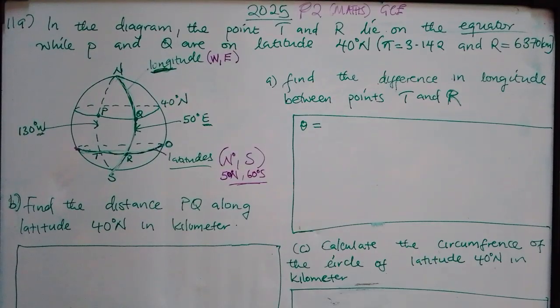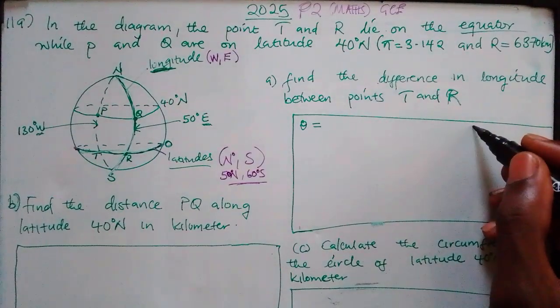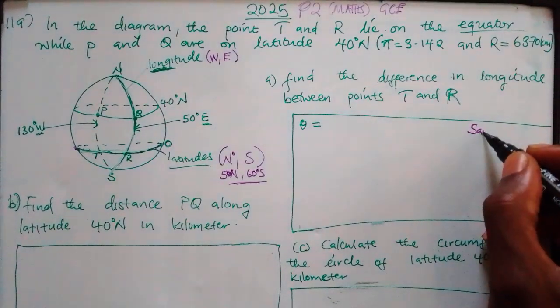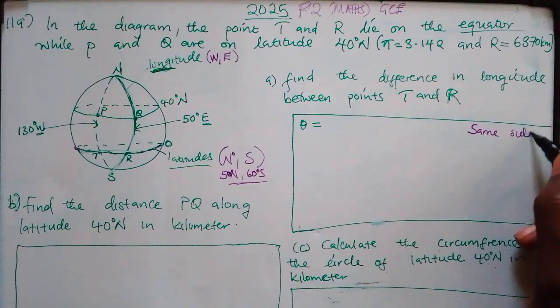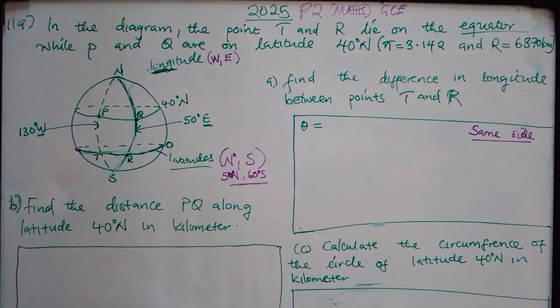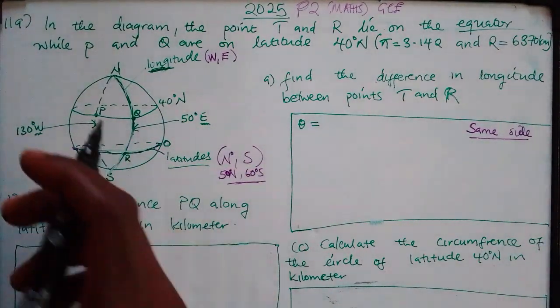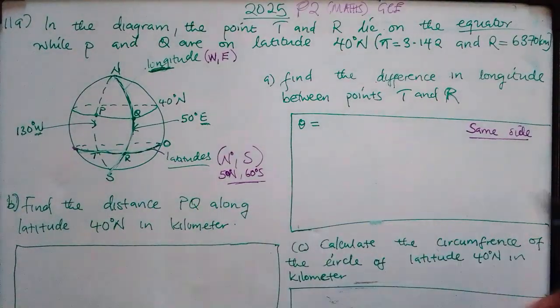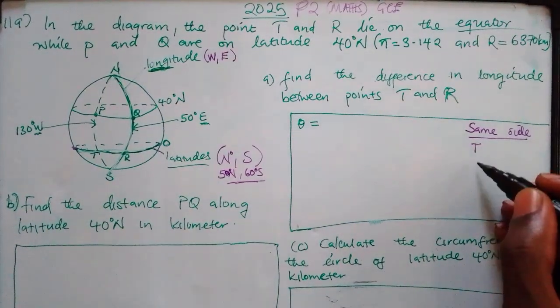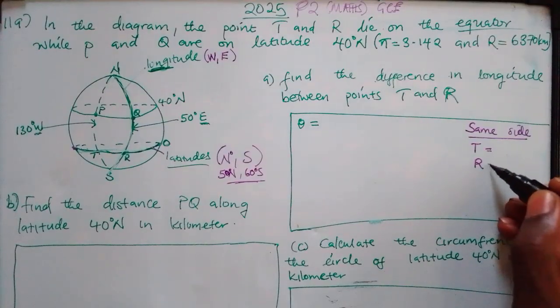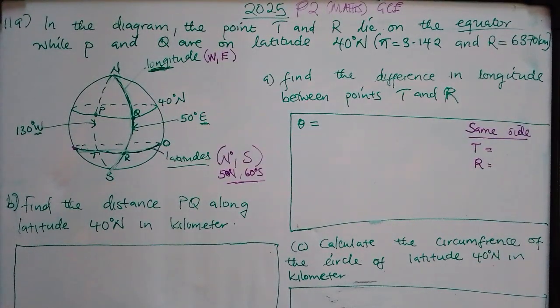The principle is about same sides and different sides. It can be either longitude or latitude. Let's pick the same question as our example. We are looking at point T and point R, and our goal is to calculate the difference in longitude.